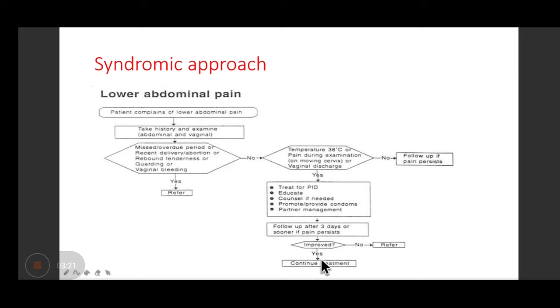If it improves, then the treatment is continued. If not, then we refer the patient again. But if the fever is not there, then we follow the patient if the pain persists. So this is basically a flowchart for the syndromic approach for the lower abdominal pain. Similarly, we have it for the genital ulcers, and vaginal discharge also.